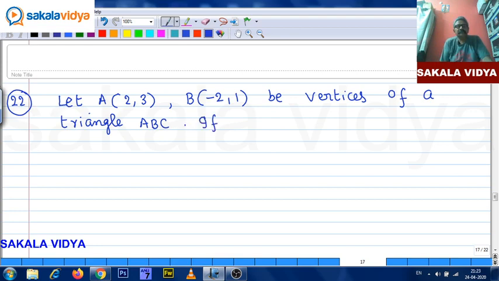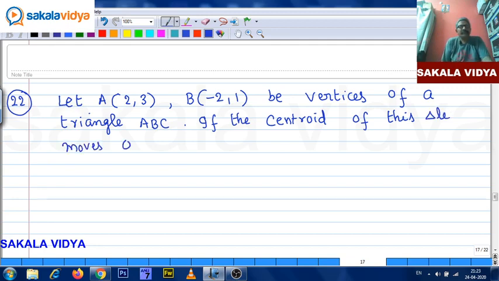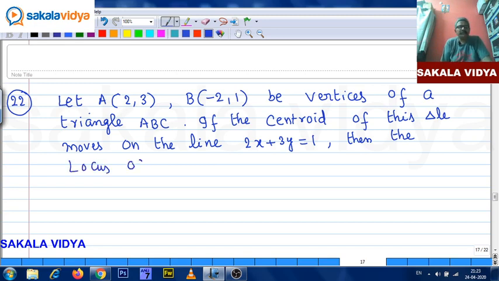If the centroid of this triangle moves on the line 2x plus 3y equals 1, then the locus of the vertex C is, this is the question.